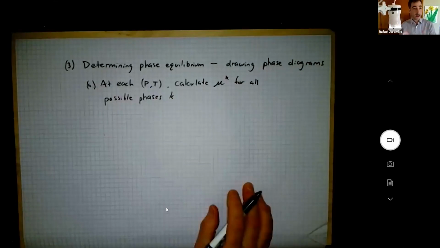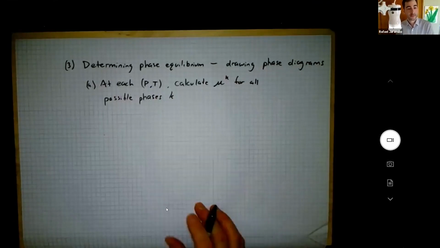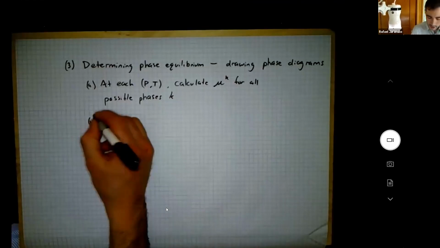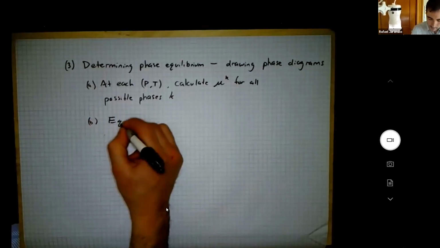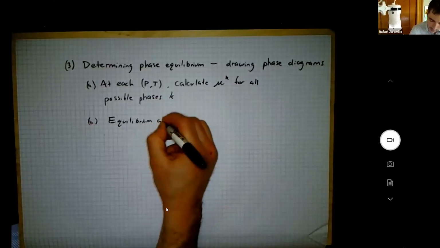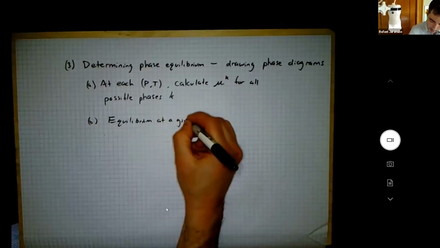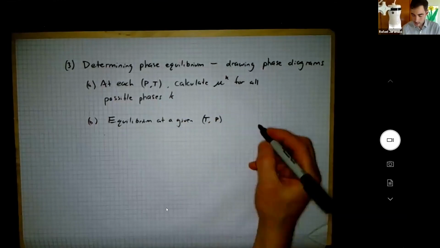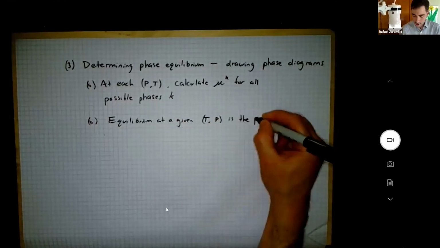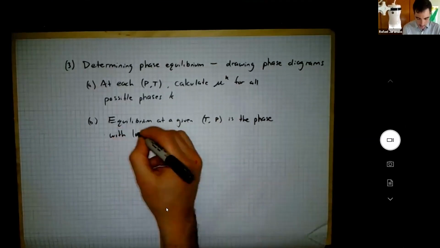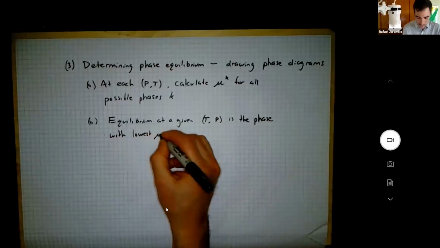So we're going to calculate this thing, mu, and we'll say equilibrium at a given temperature and pressure is the phase with lowest mu.